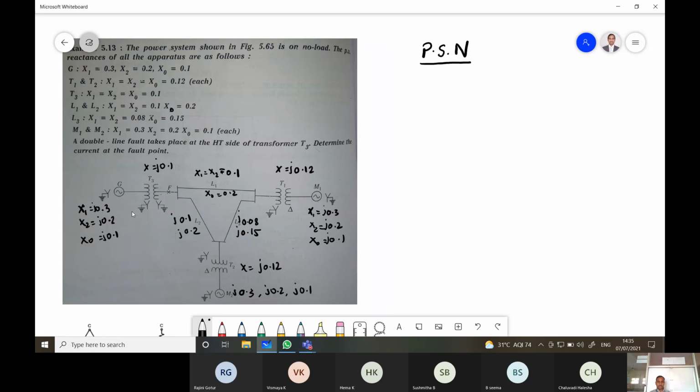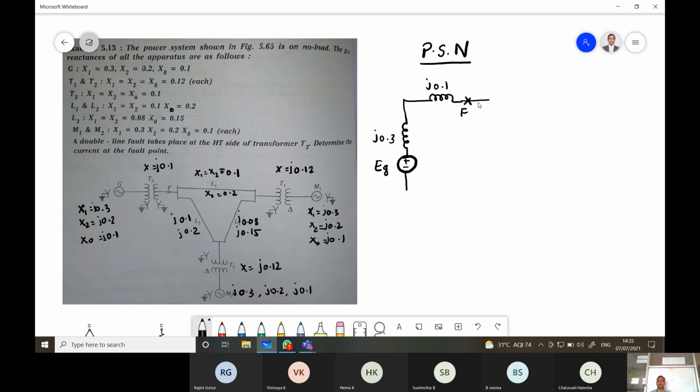So first one is, this is the generator that is represented by Eg. And generator reactance. So what is generator reactance? X1 is equal to j0.3. Next is transformer 3, j0.1. The fault occurred here.